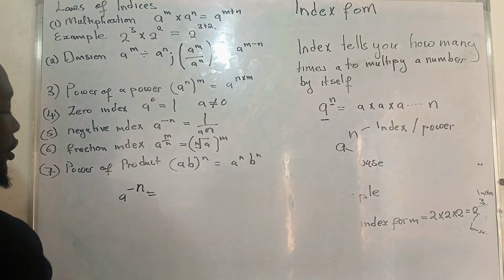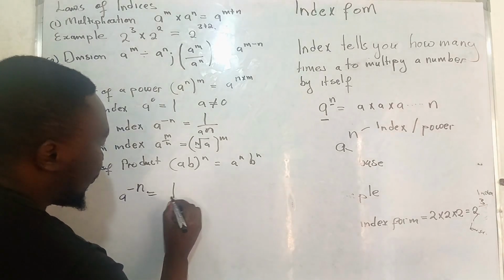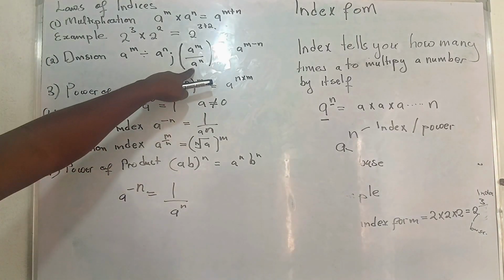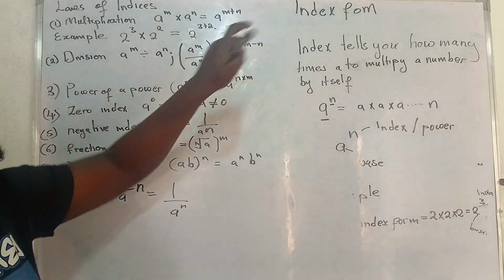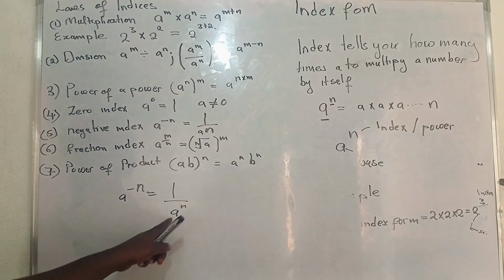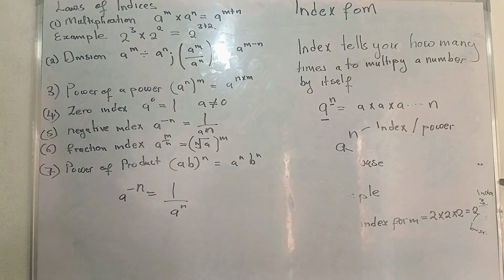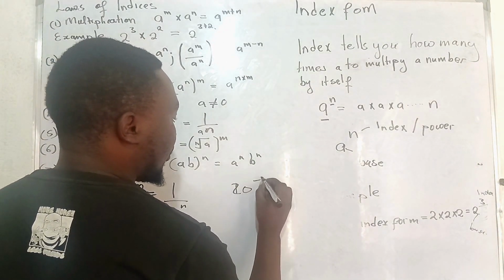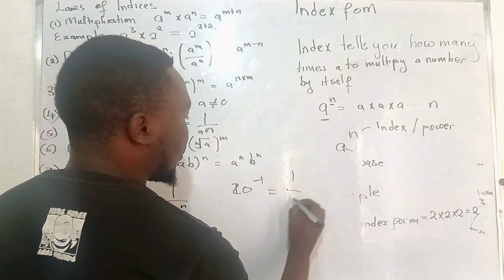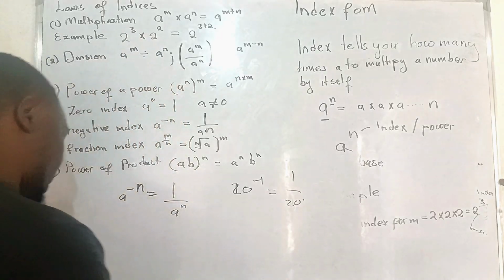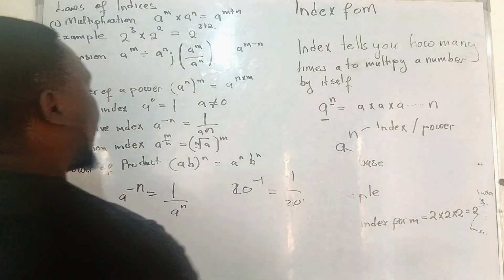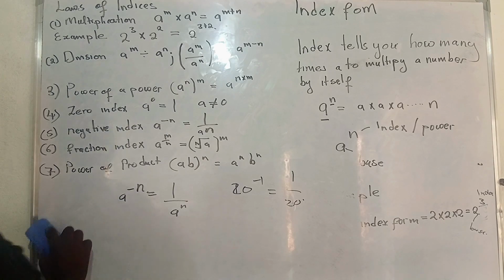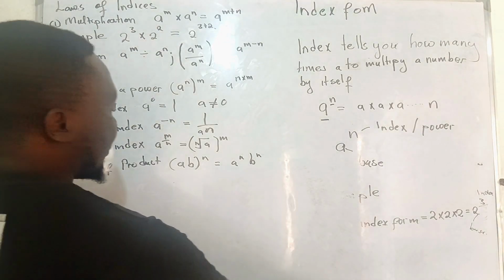So a to the power minus n is equal to 1 over a to the power n. So there is a relationship between this negative index and division index. So if you have 20 to the power minus 1, this is equal to 1 over 20. That's the negative index.